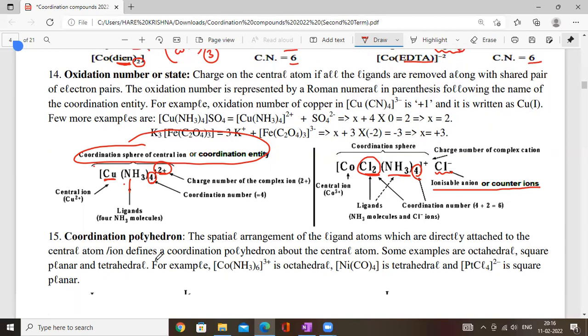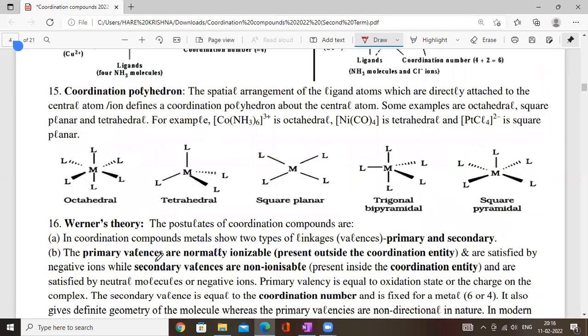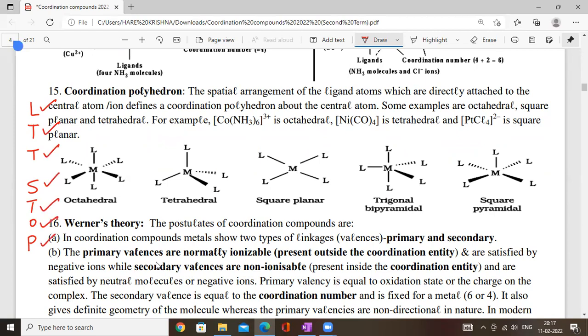Next is coordination polyhedra. When I'm talking about coordination polyhedra, it's basically related to the spatial arrangement of the ligands, because of which we will be able to predict the geometry of the particular coordination compound. We have already done one of the shortcuts, that was LTT SOP, where I said very clearly L stands for linear, trigonal planar, tetrahedral, square planar, trigonal bipyramidal, octahedral, pentagonal bipyramidal, depending upon how many ligands are surrounding them.